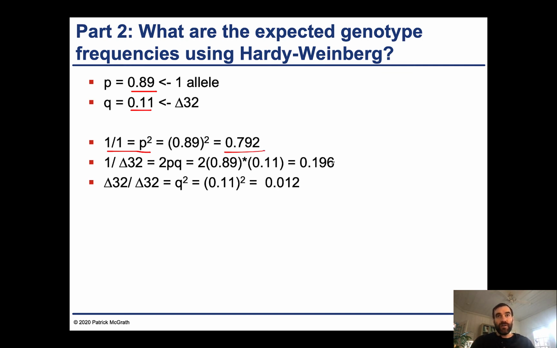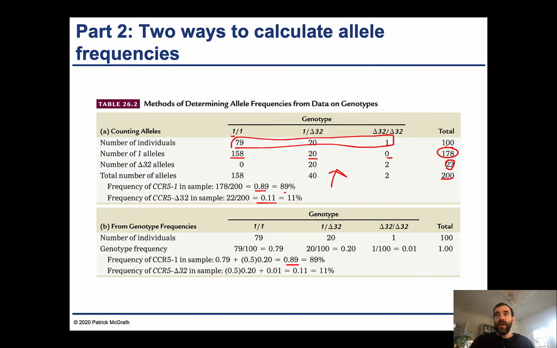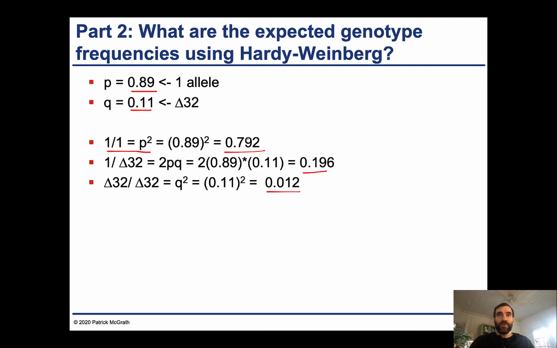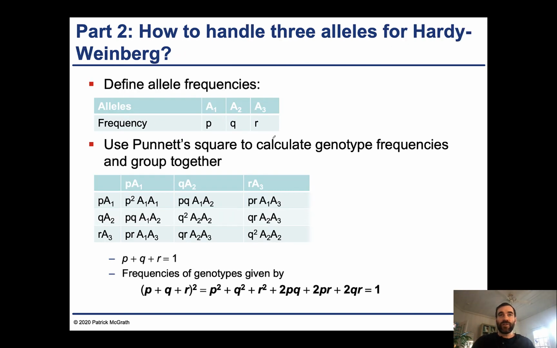This right here is equal to these three numbers. These are the expected genotype frequencies, and these are the actual genotype frequencies right here: 0.79, 0.2, and 0.01. You can see that this example actually matches pretty well, and you would do something like chi-squared if you wanted to actually determine whether they are statistically the same or statistically different from each other.